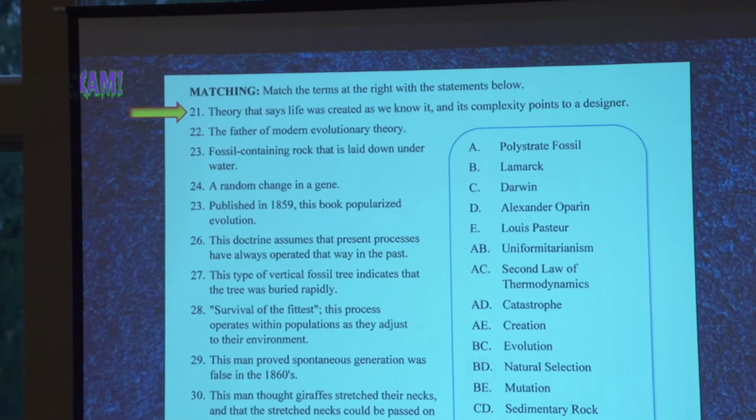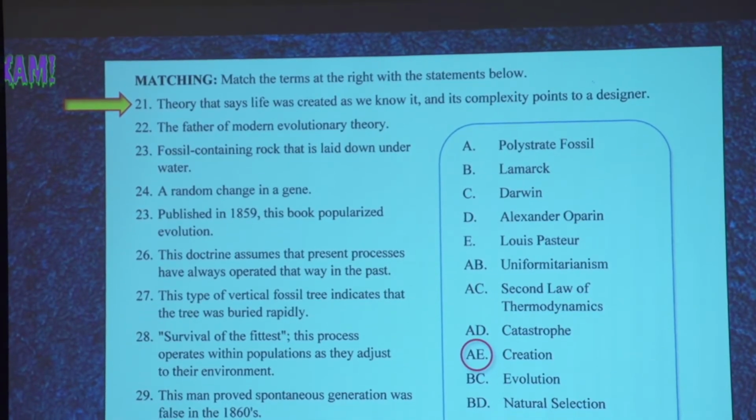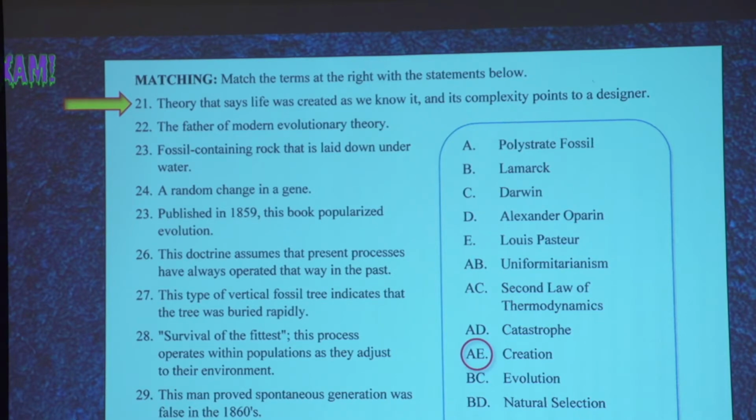And then what if you did a matching kind of thing? There's your list on the right. Theory that says life was created as we know it and its complexity points to a designer. So then you'd find that. And I had electronic answer sheets so I could just run these through a machine. The father of modern evolutionary theory.